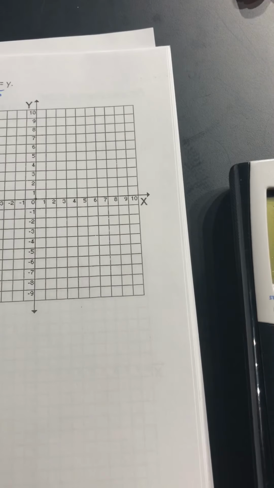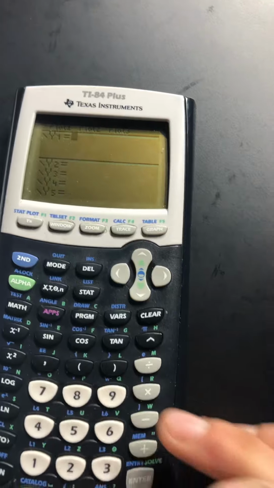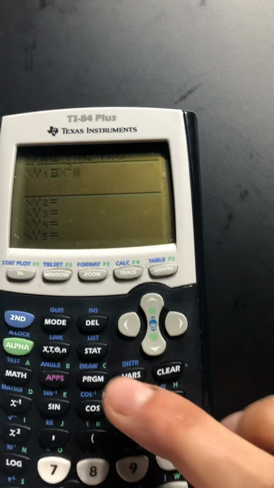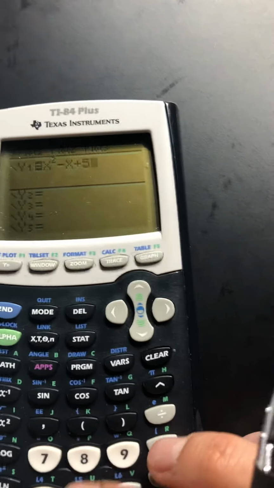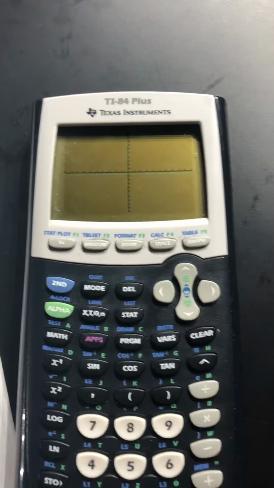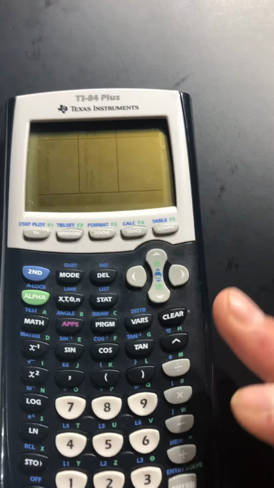So I'm going to go back to y equals, and I'm going to type in the original equation, which is x squared minus x plus 5. So you can look at the graph. A value is positive, so you have a minimum. Push second graph.